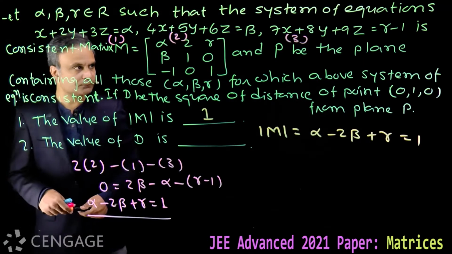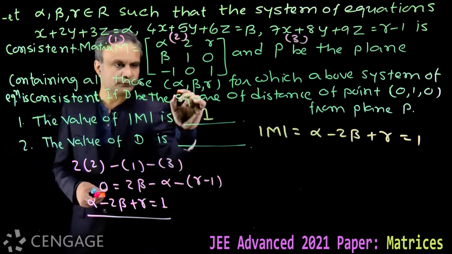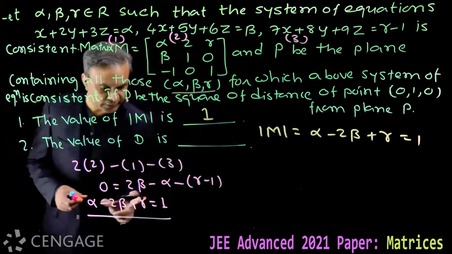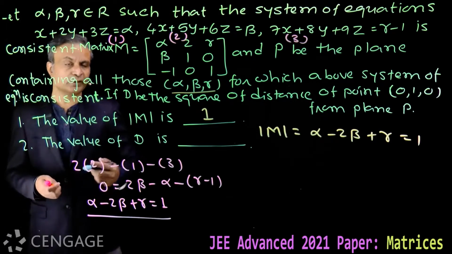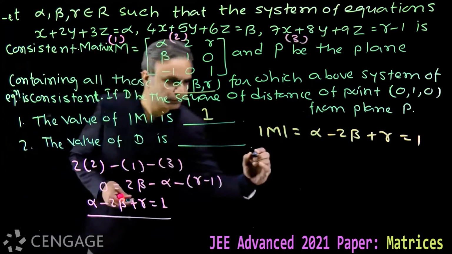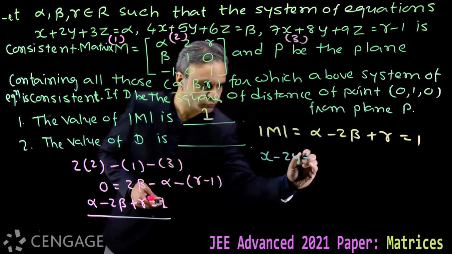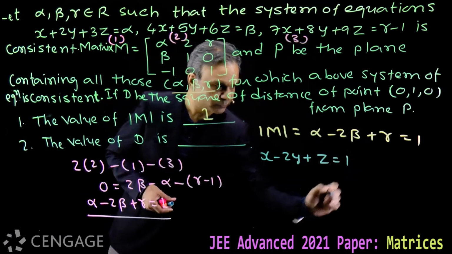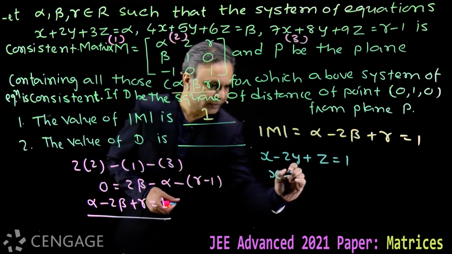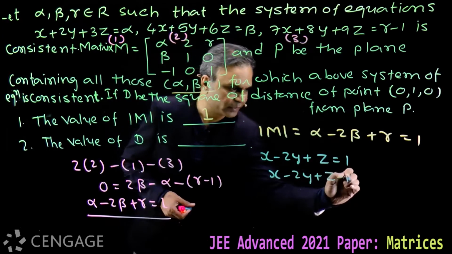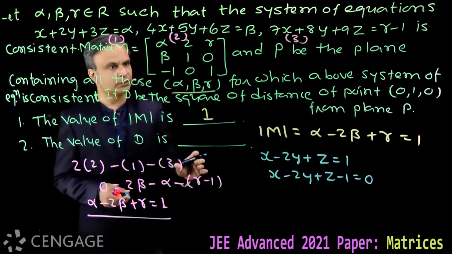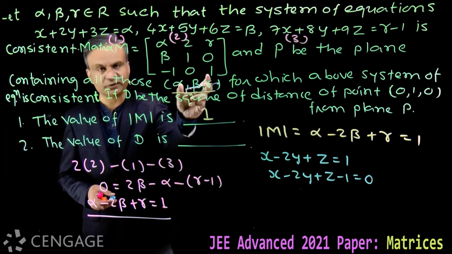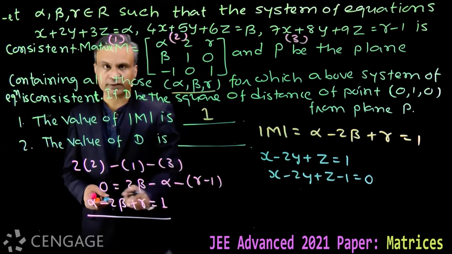Plane P is locus of this variable point which satisfy this condition. Then equation of plane or equation of locus will be x minus 2y plus z is equal to 1, or x minus 2y plus z minus 1 is equal to 0. This plane contains all those points having these coordinates which satisfy this condition.